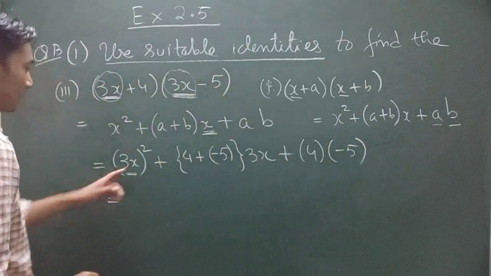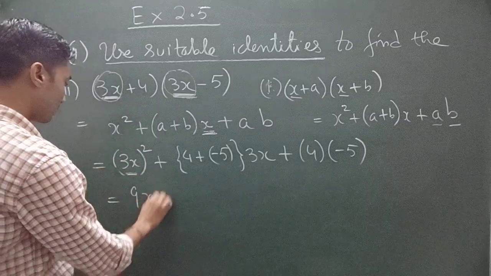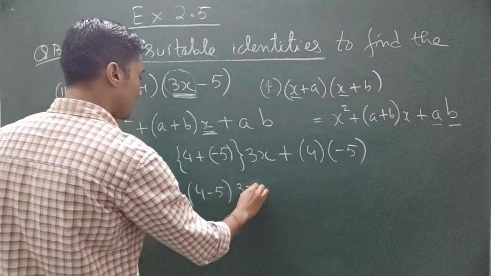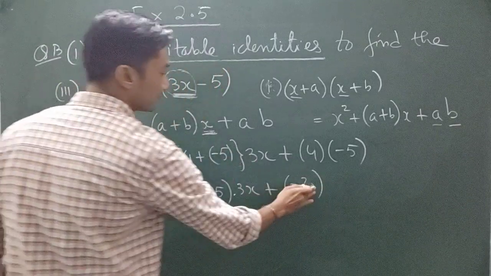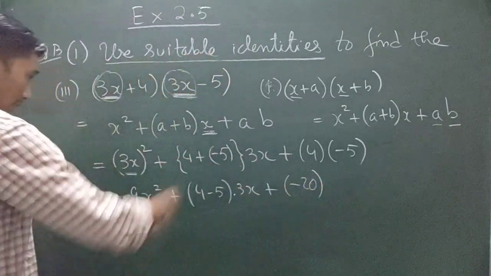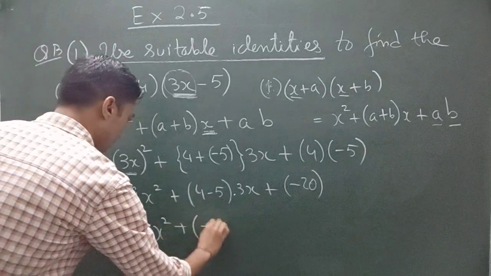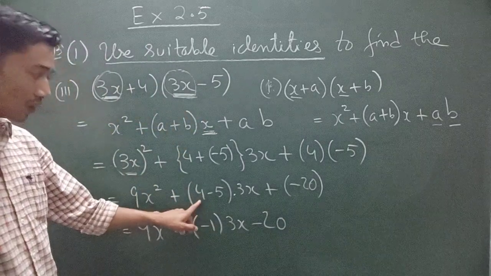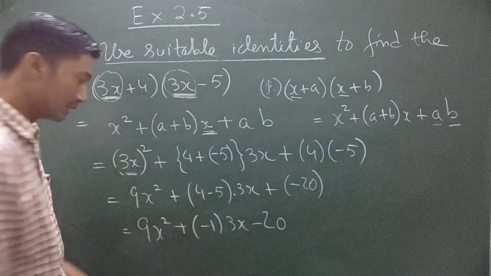Now let's solve. Square, I guess all of us know, so 3 squared is 9, x squared, plus 4 minus 5 into 3x, plus 4 fives are minus 20. So 9x squared plus, again, minus 1 into 3x, minus 20, because 4 minus 5 is 1 and 5 is bigger, so minus 1.